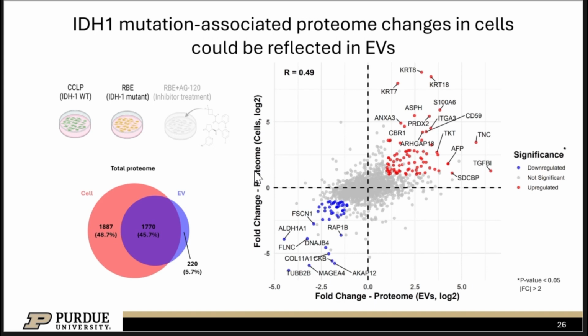We found a lot of proteins overlap between these two results, and also there are many significant proteins that overlap in these two results. And there are many non-IDH1 mutation-related proteins, for example, CBR1 and also S186, and also LDH1A1. So some of these proteins are non-IDH1 mutation-related proteins.